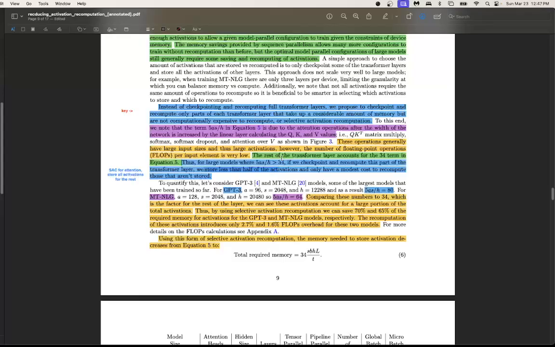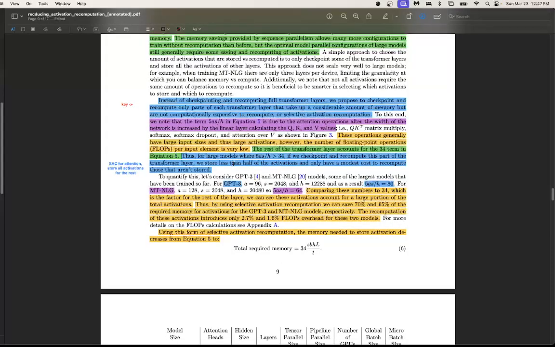That's great, right? We're drastically reducing our activation memory required, and only have a modest cost to recompute those that aren't stored because, as they mentioned, the number of floating point operations per input element in these layers is actually very low. There are some matmuls in attention, but the softmax and these things are not as flop heavy, but require a huge amount of memory, right? This is not talking about flash attention or any memory efficient attention. This is just vanilla multi-head attention.